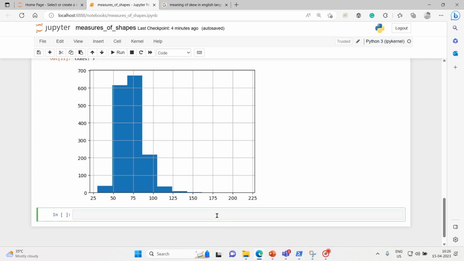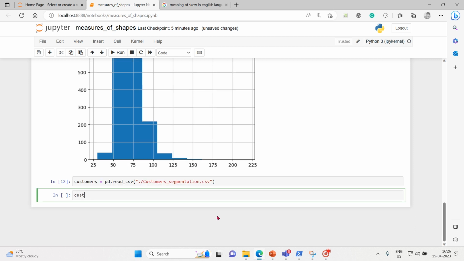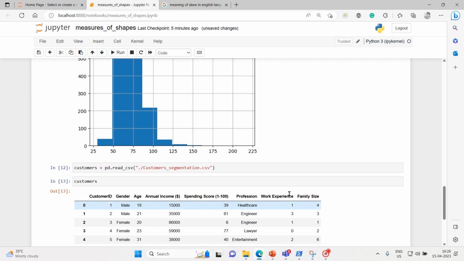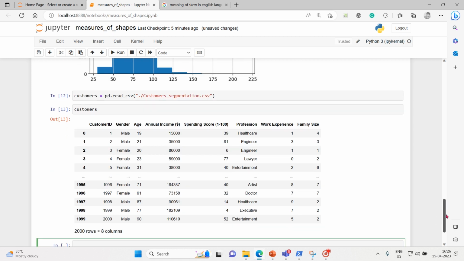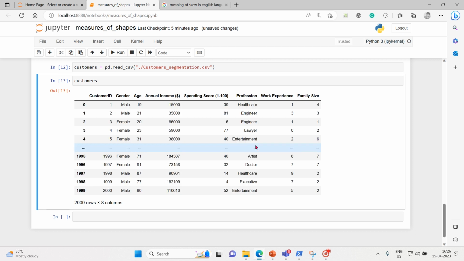Let's take customer buying patterns. So this is our customer pattern. Now let's go for the family size. First we will explore the family size, then we'll go for the annual income, because these are all real data.